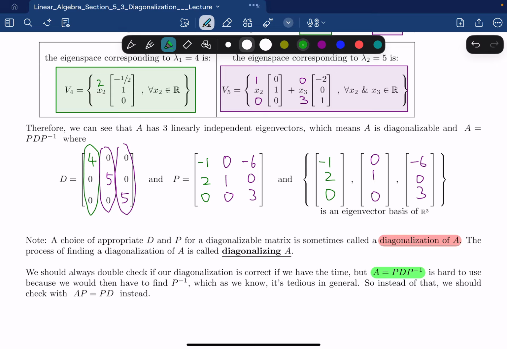If you recall from the chapter 2 stuff, finding an inverse of a matrix bigger than 2 by 2 is kind of tedious. So instead, the better way to check is to use AP equals PD instead. In other words, multiply both sides by P. That's a much easier way to check because you don't have to deal with inverses. So that's basically it for the diagonalization purposes.